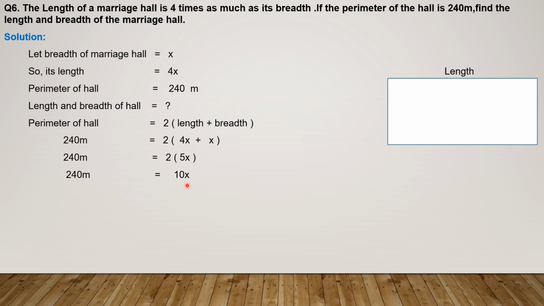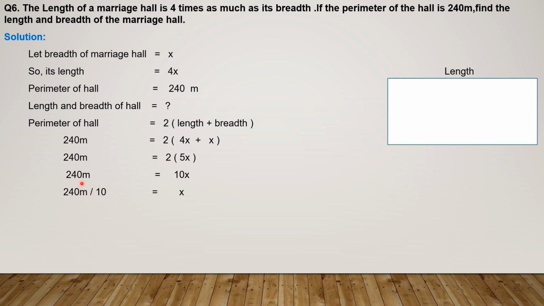Since we need to find the value of x, which we supposed is the breadth, we will move this 10 to the other side of the equal sign. 10 is multiplied with x. There is no plus or minus sign between 10 and x, which means there is a product sign between them. So when we move 10 to the other side of the equal sign, it will be divided. 240 meter divided by 10 is equal to x.